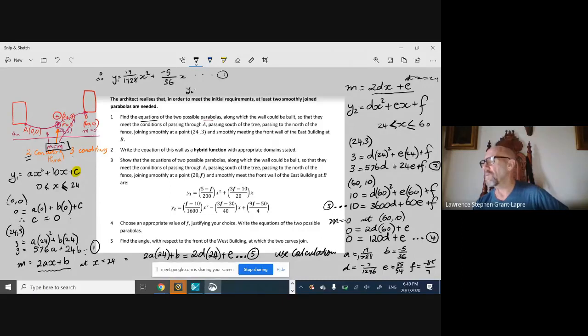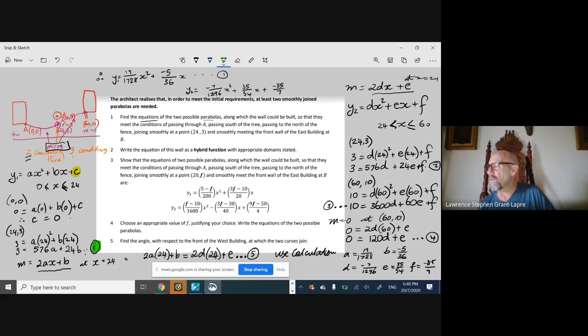And the second equation, I'll put y2, is negative 7 over 1296 x squared plus 35 over 54x negative 85 over 9. So you see, the pen and paper requires us to set out, substitute, and come up with the different equations.